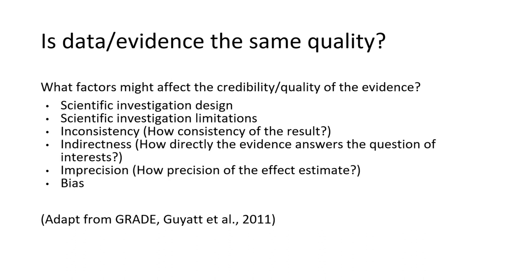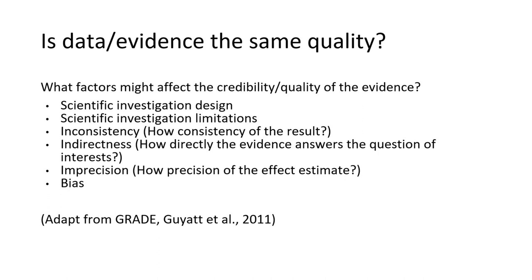For example, how is the scientific investigation designed? What are the limitations? How consistent are the results? How directly does the evidence answer the questions of interest? How precise is the effect estimate?